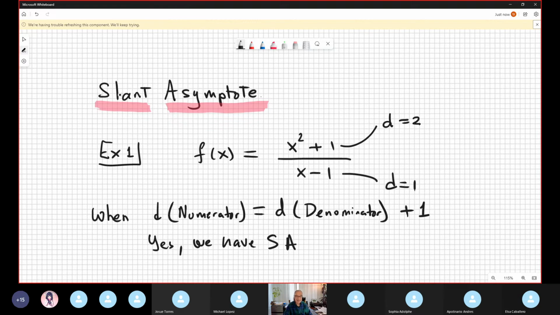A slant asymptote and a horizontal asymptote are concepts that we analyze together because they are mutually exclusive. If you have a horizontal, we have no slant. If we have a slant, we have no horizontal. Mutually exclusive.